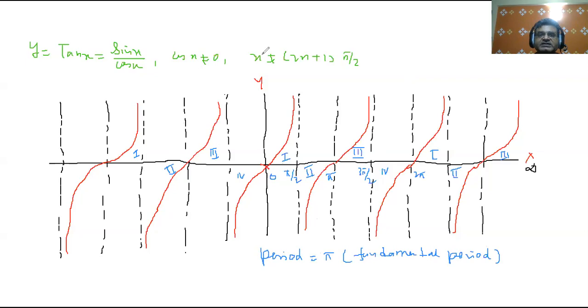Now we are moving to the next, say for y equals cot x. So here you can see that it is cos x upon sin x. So sin x should not be equal to 0. It means x cannot be equal to a multiple of n pi, where n is an integer. So the graph is, we are going to plot it.